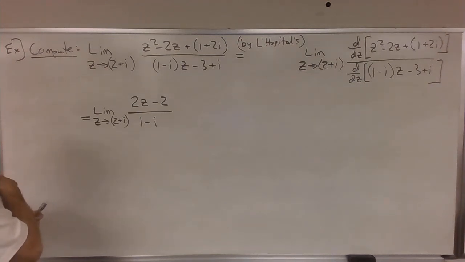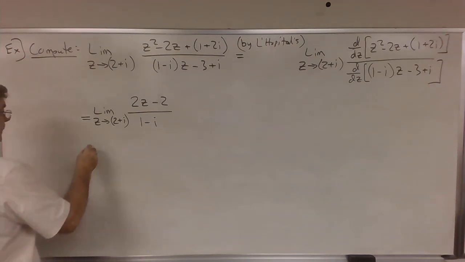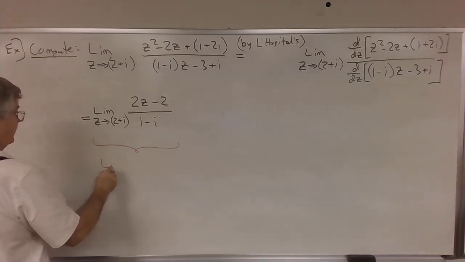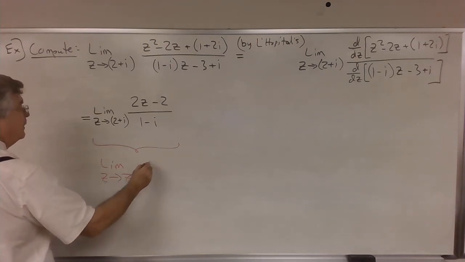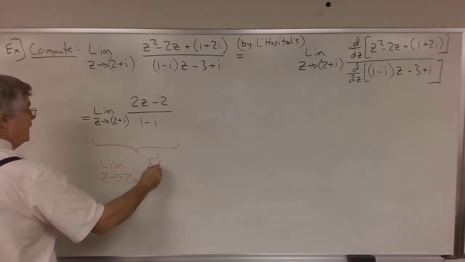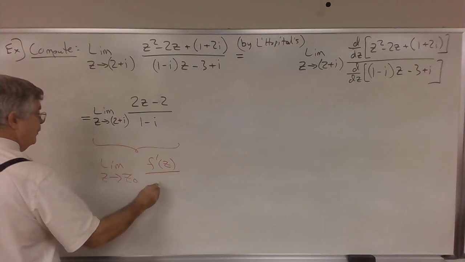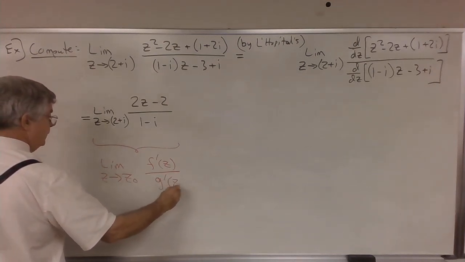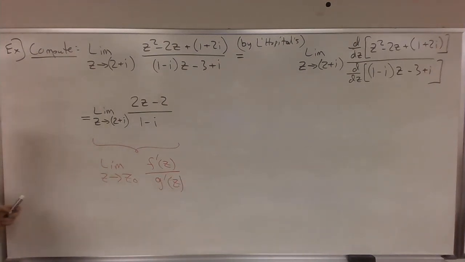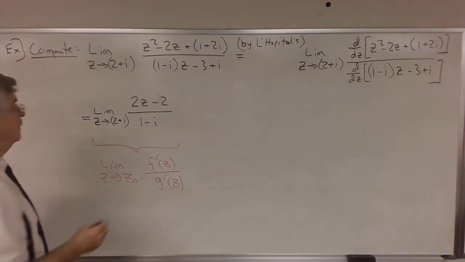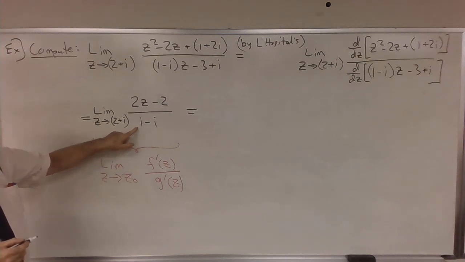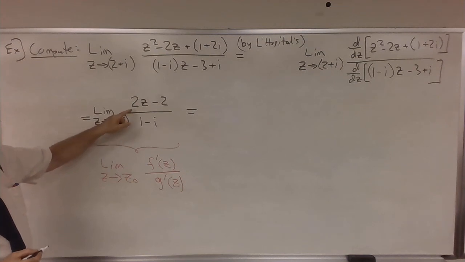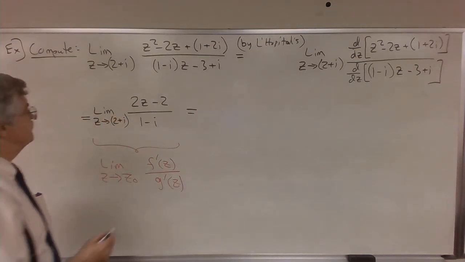So what we have here, this entire expression, is the limit as z approaches z naught of f prime of z over g prime of z. The numerator and denominator are continuous. They're polynomials. So we can just compute this limit by plugging in.